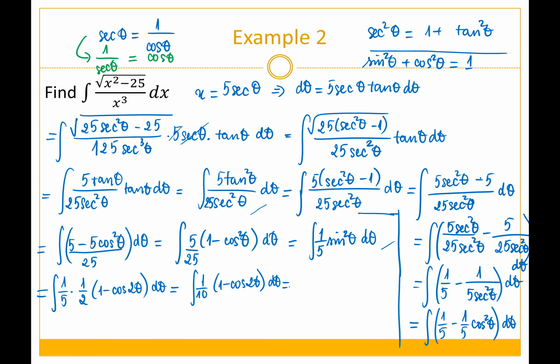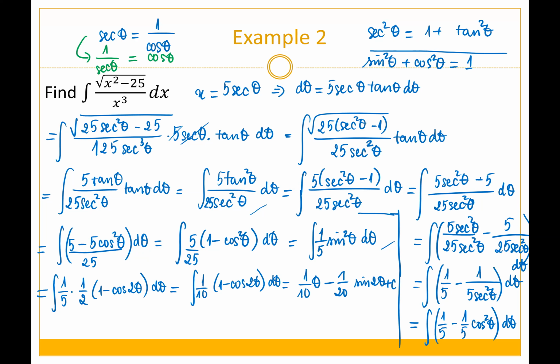And this one, if you solve it, what we have is going to be 1 over 10 theta minus 1 over 20 sine 2 theta plus C. Now, it is 1 over 20, just to make it clearer.